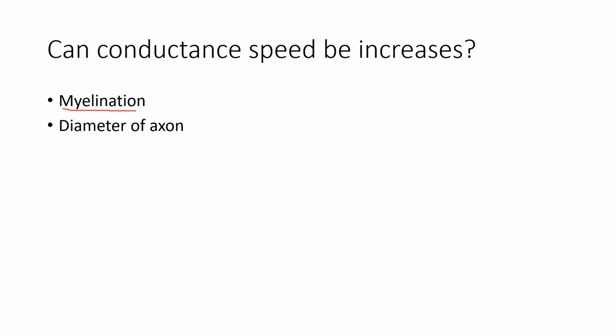The other way we can increase the conduction is by increasing the diameter of the axon. What I mean by that is if we have a small diameter axon and a big diameter axon, diameter being the space between one side of the cell to the other, the bigger one will move the charge faster. Now, for us to make bigger axons, we need to actually build up what's inside the cell. We actually need more cytoskeleton.